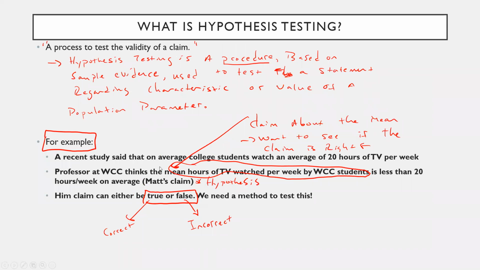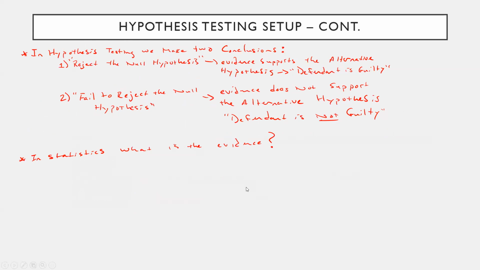This was the claim that we're going to end up testing: I want to check about WCC students and test to see how many hours on average they spend watching TV. If I want to test that claim, do you think it's reasonable for me to call every single WCC student and ask them how many hours of TV they watch per week?